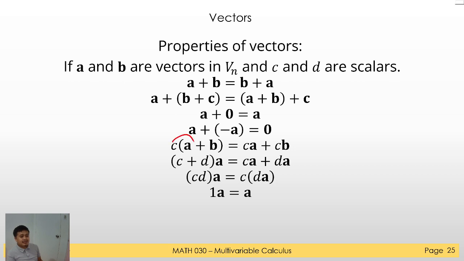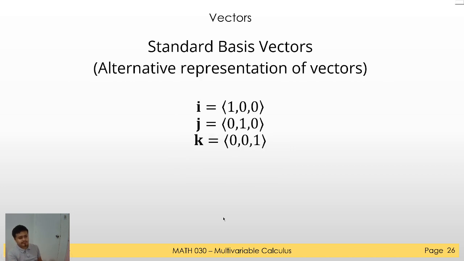Then we have the distributive properties of scalars, where we distribute the vector with our scalar values, then the associative property, and the unit identity property.